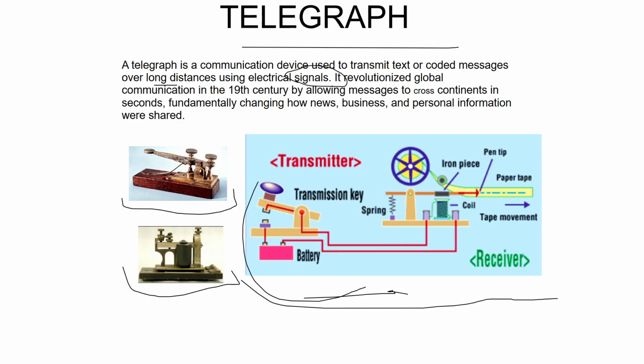Okay, so essentially I'll explain how this works. As you can see, it's a simple circuit. On this side, we have an operator. This is a person whose main job is to enter characters into this machine.